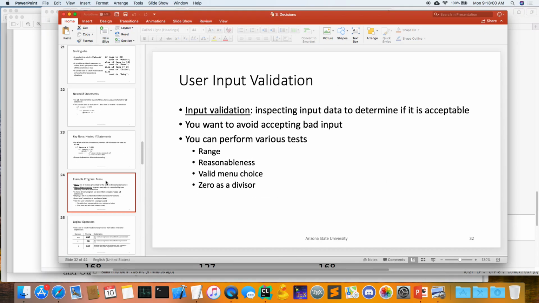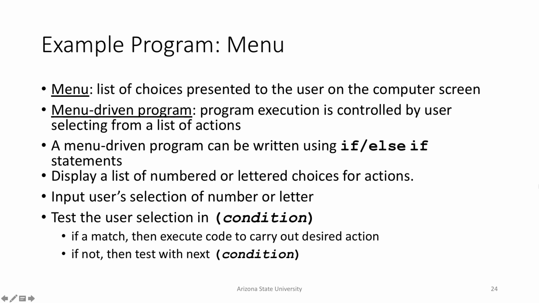Okay, so let's go back to the menu slide. Lab 3 and assignment 3 are designed so that you can handle something like a menu. We're going to go into more detail about this when we get into the loops slides. But for now, all this really is, you present a menu to a user of options that they can select, and then you just wait for them to enter some command.